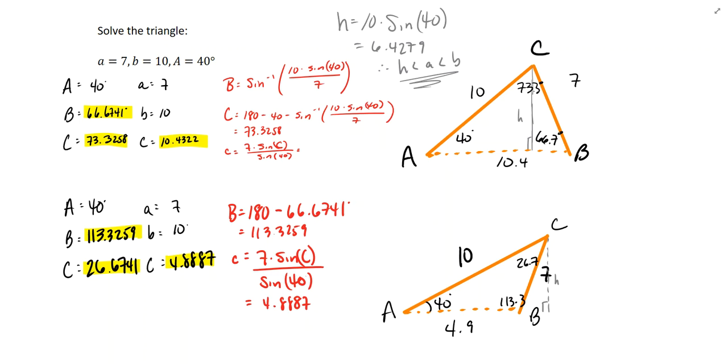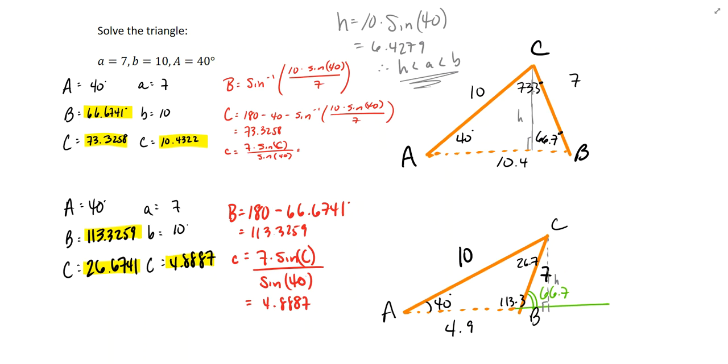Hopefully you can see that this swinging leg, side length a here, when positioned in this position, will give us an angle measure of 66 degrees for angle B. But if it's swung to the left, angle B is 113.3, I'm sorry, not complement, but supplement of 66.7. The sum of these two is 180 degrees.